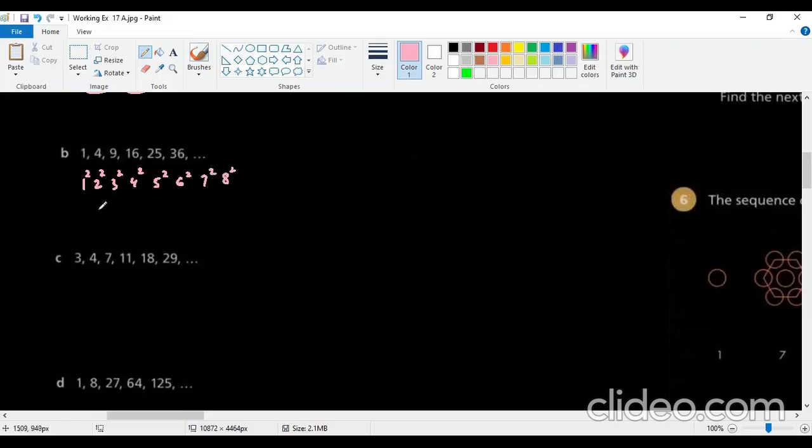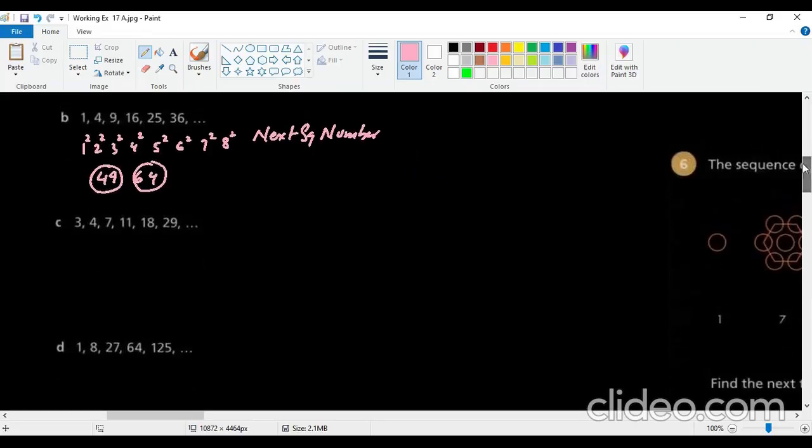So the next numbers are going to be 7 times 7, which is 49, and 8 times 8, which gives you 64. And the pattern is next square numbers. The rule is to find the square of the next number.